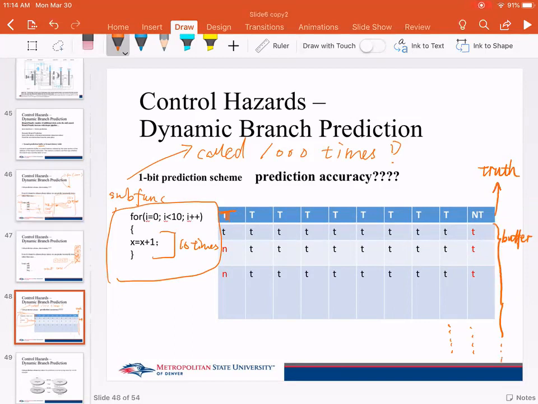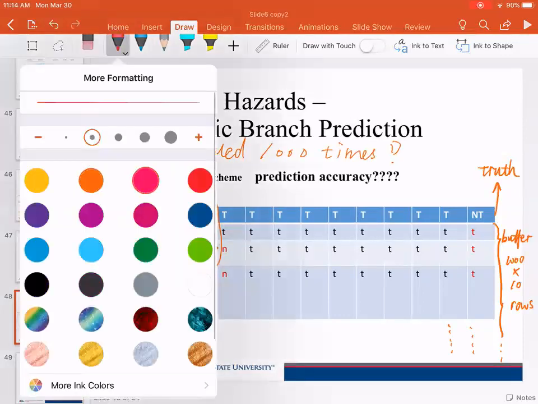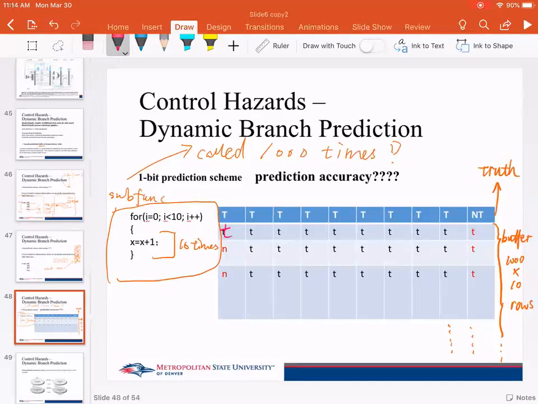So you might have like 1,000 times 10 rows here in the real execution. So how is your buffer updated? Initially your buffer predicts the branch is taken.